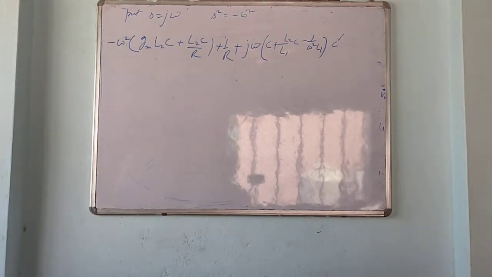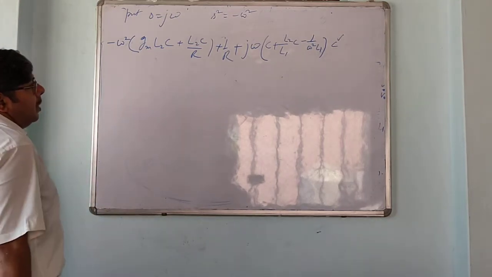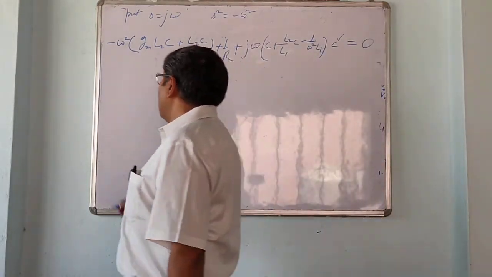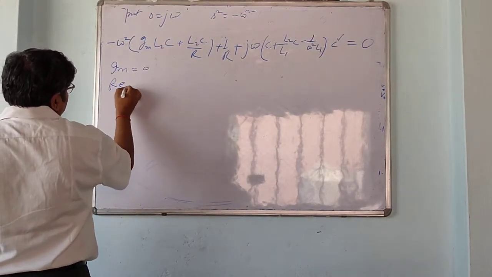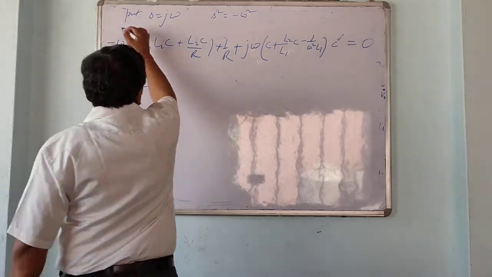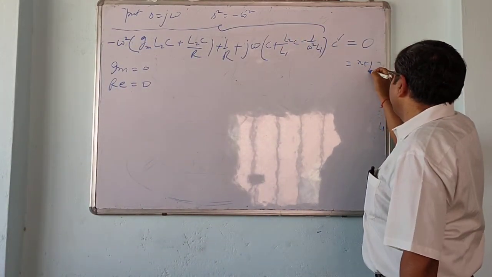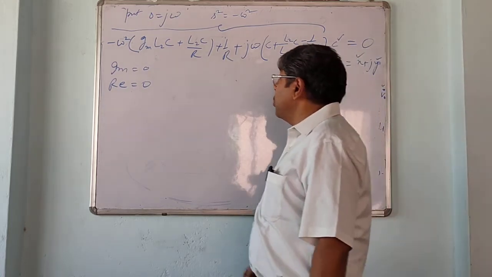After putting the value S equals j omega, this is the expression, and this is equal to 0. So obviously the imaginary part is 0 and the real part is 0. This whole is 0 means you can separate x plus jy, so the real part is 0 and the imaginary part is also 0.